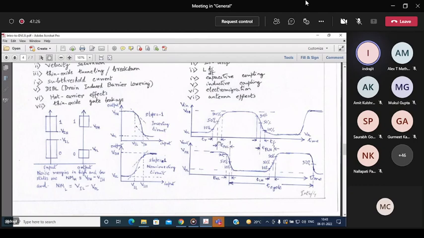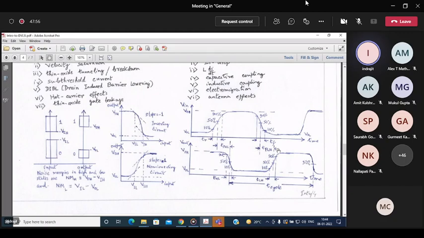Similarly, you have TPLH: in response to a low going voltage wave, the inverter shows the opposite trend, a rising wave. How much time the output takes to achieve the 50% point after the 50% point at the input side is TPLH, the propagation delay from low to high.